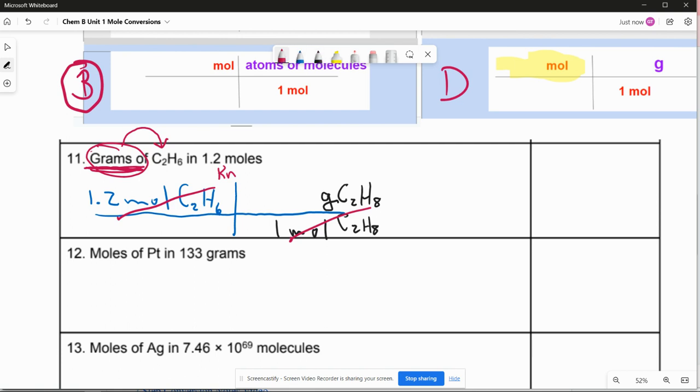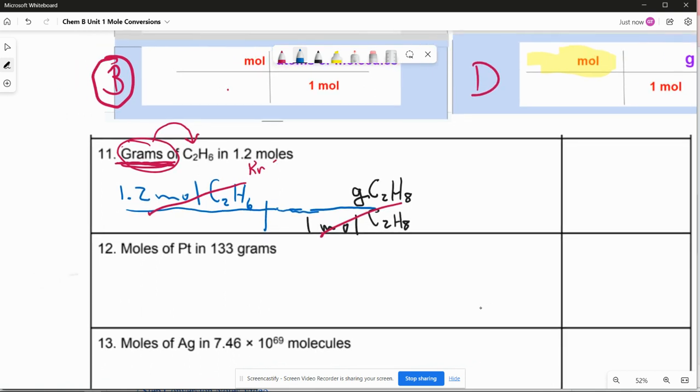The next thing we've got to do is find out what number we are going to put into this place right here. And that is the molar mass, the number of grams per mole of this compound. So we have to calculate that molar mass.